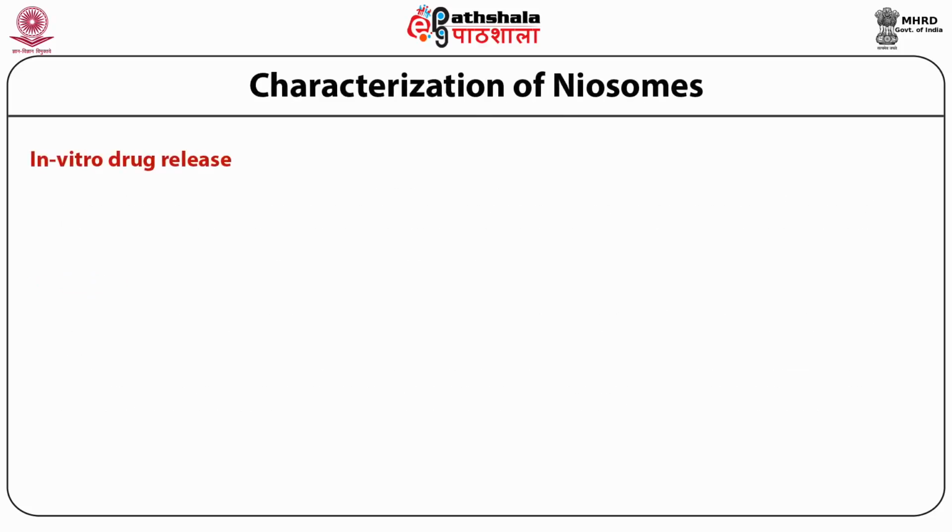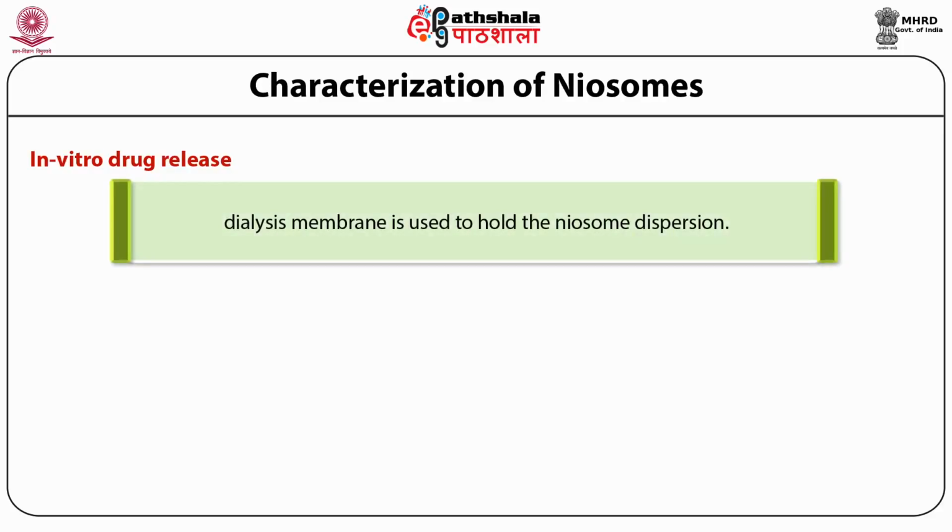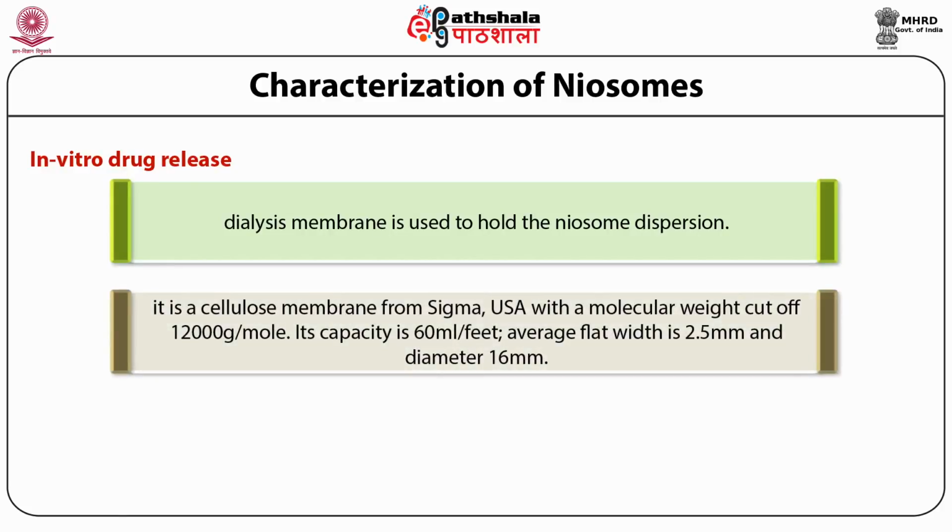In vitro drug release is the parameter used to assess the release of the drug from the formulation. Usually, a dialysis membrane is used to hold the neosome dispersion. This dialysis membrane is made of cellulose and is supplied by Sigma, USA.